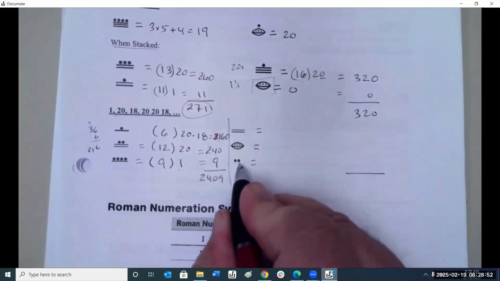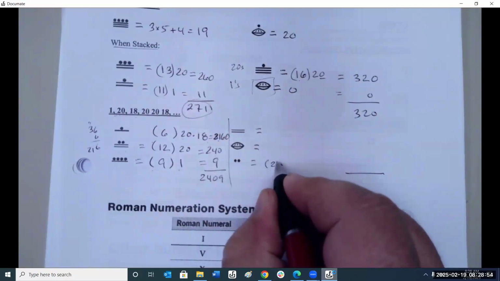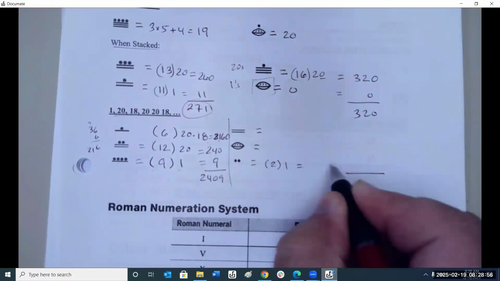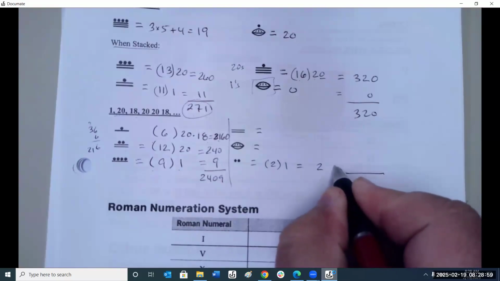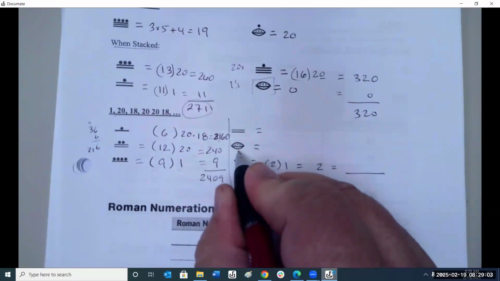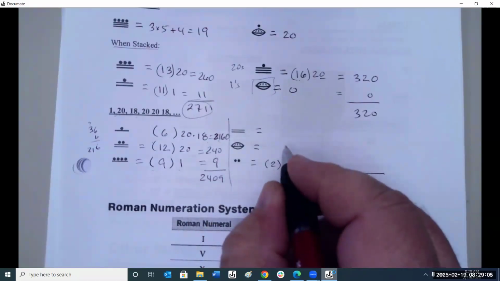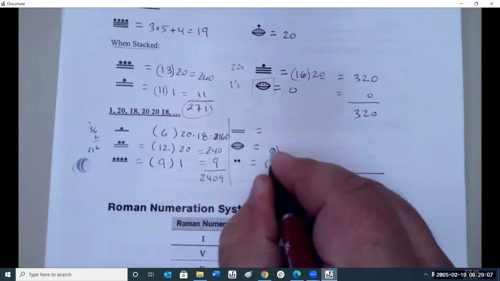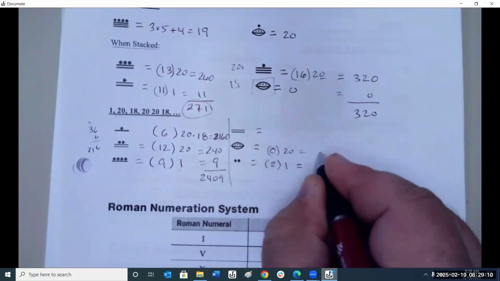So this first number is what? 2 times 1 is 2. Next number is, what's that represent? 0. 0 times 20 is 0.